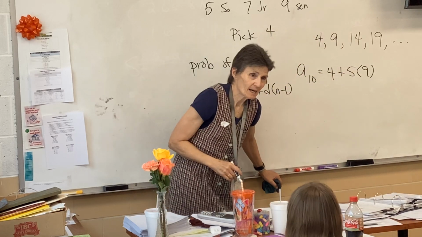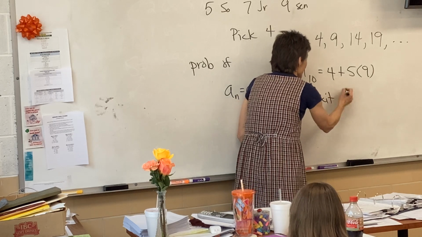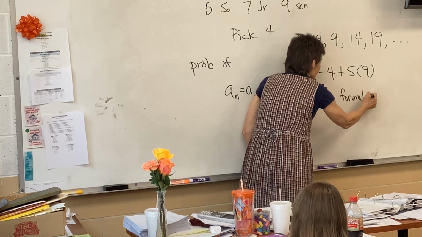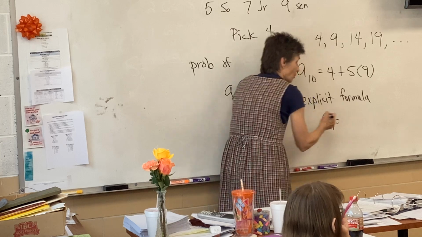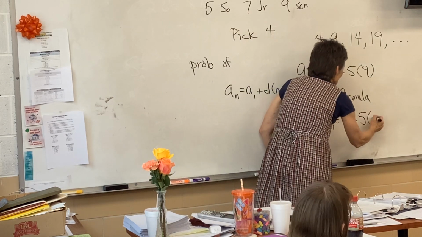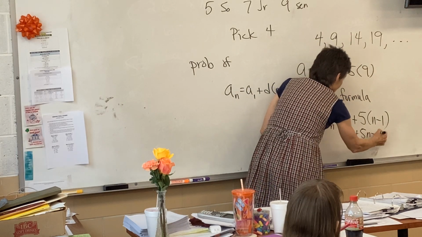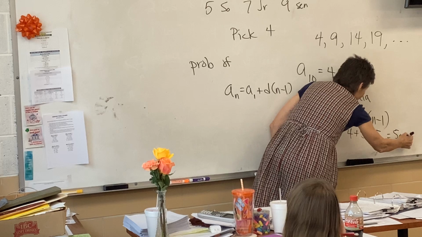What if I said, write the explicit formula? That would be a sub n equals 4 plus 5 times n minus 1. You would clean that up to 5n minus 1.